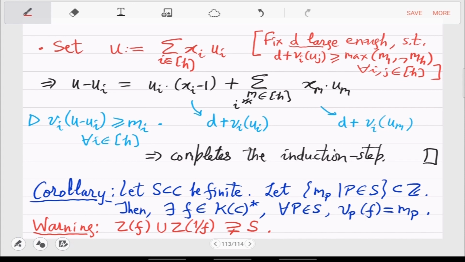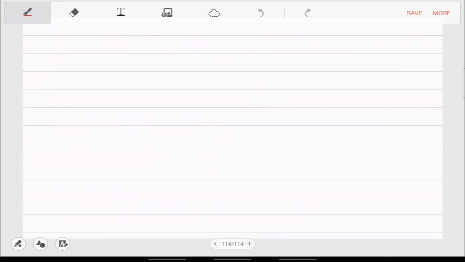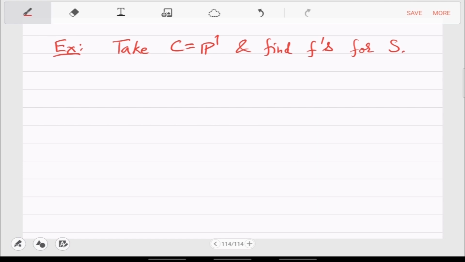So that will be trickier. So I think, yeah, you can easily work out the case of projective line. Take C to be the projective line and find f's. That will be a good example to understand this proof and the corollary.